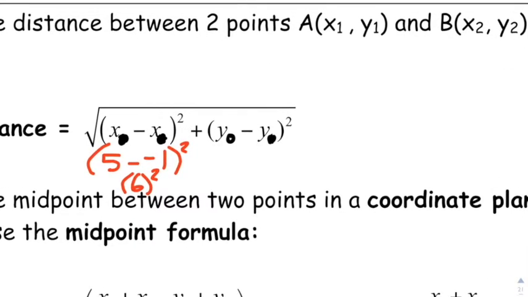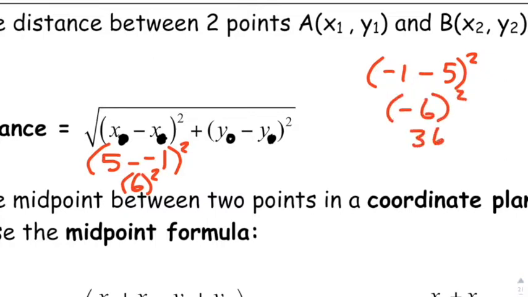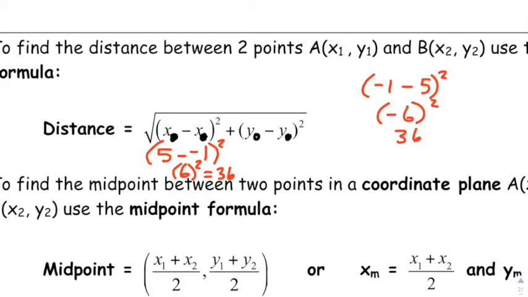Now if I did it in the opposite order, -1 minus 5, and then squared that answer, that's -6 squared. But anytime you square a negative, it becomes a positive anyways. So that's why I say to scratch out the numbers there, the x1, the x2. It does not matter what order you subtract them in. Okay, so that's your distance formula.